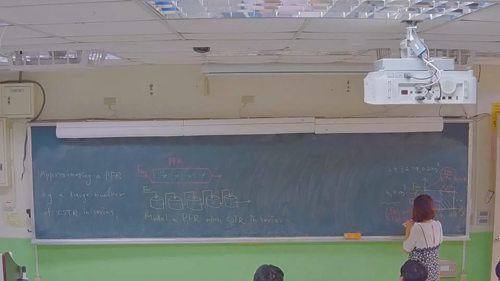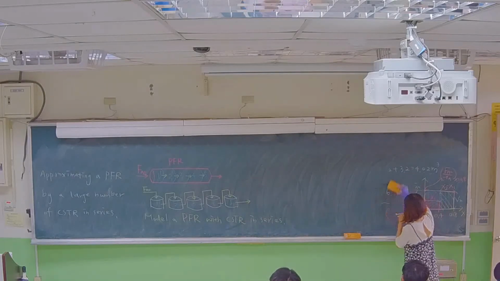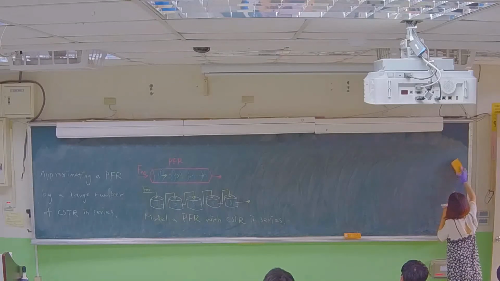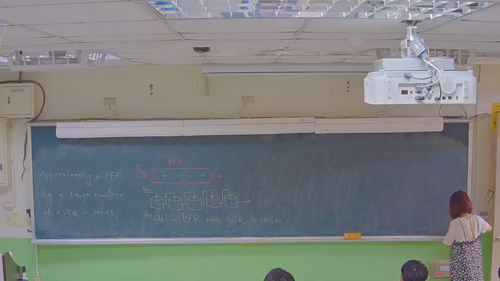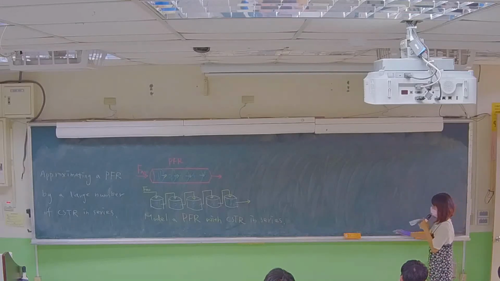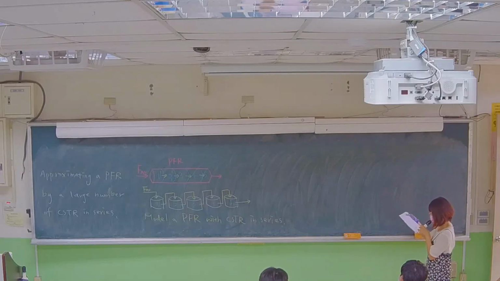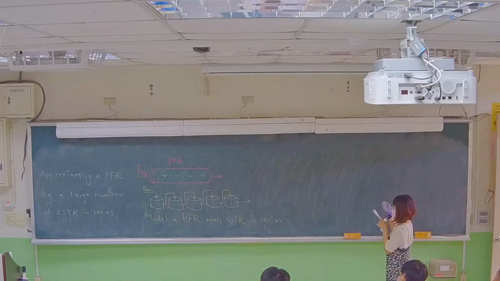So the total size will be smaller when you connect more CSTR in series. How about another perspective? You can go to slide 32.